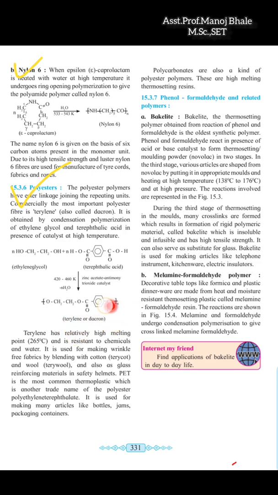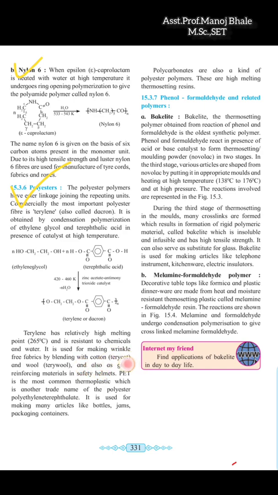Okay, so this is about the preparation of polyester. This is a polyester which is prepared here. There is an ester group present. So this is a polyester. This terylene has a high melting point and is resistant to water and chemicals also.